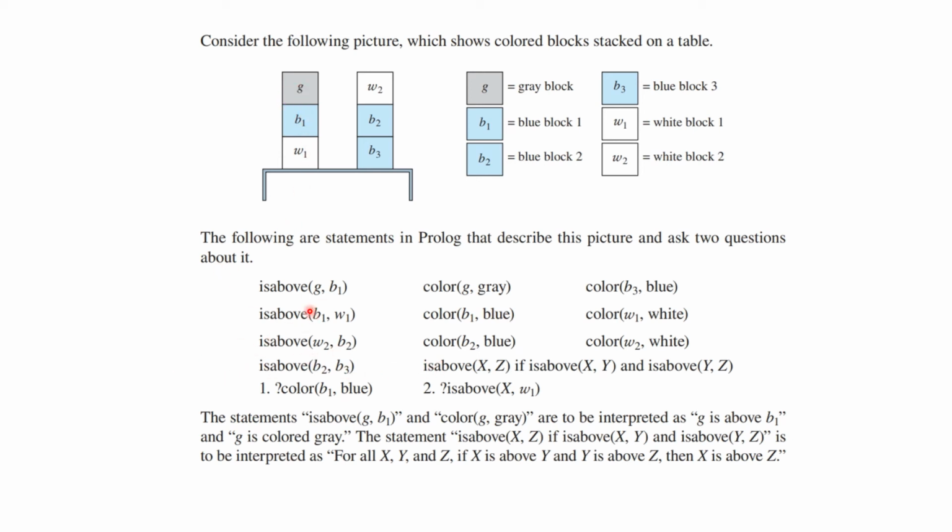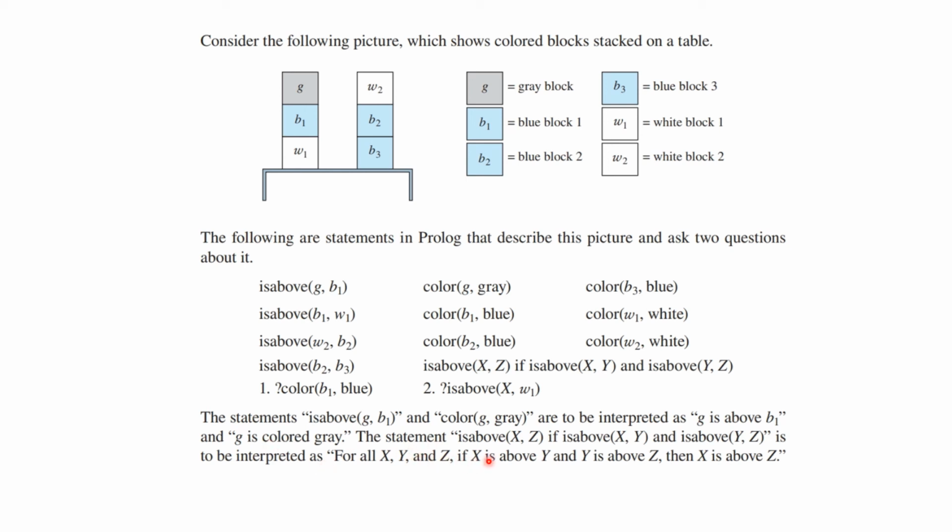For example, this says that the gray block in the first stack is above the blue block, and so on and so forth. These are the definitions, and these are the questions that you're trying to ask. And this talks about how they're interpreted.